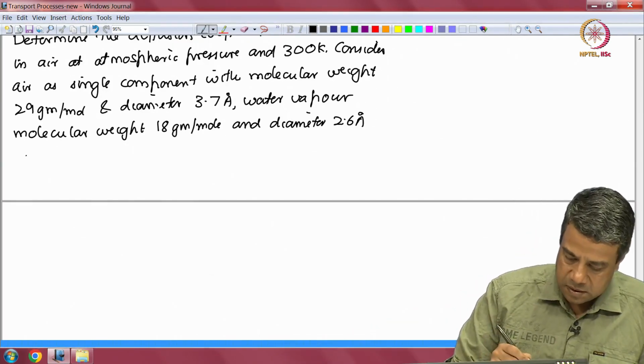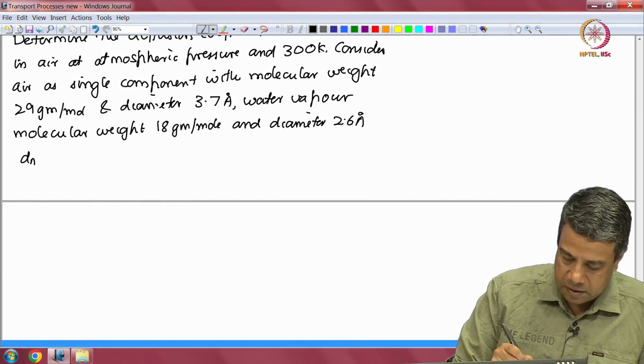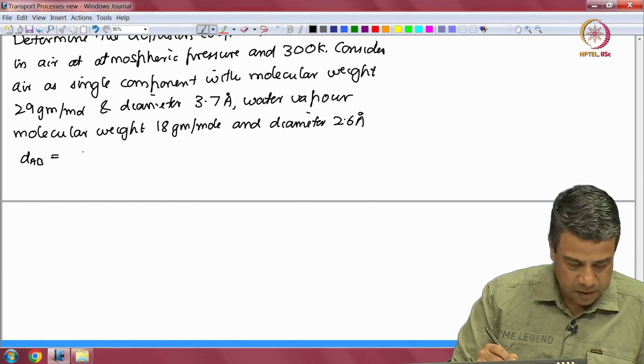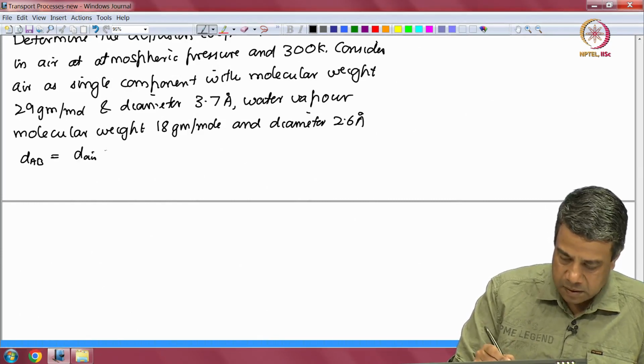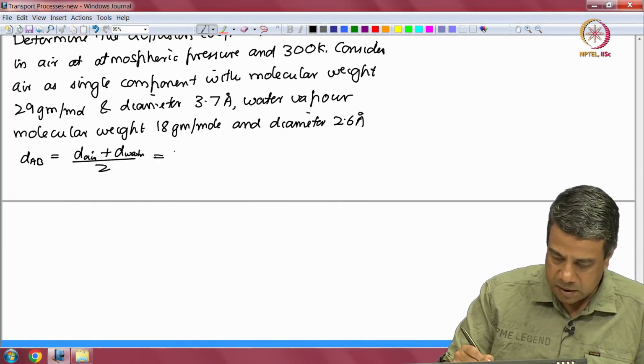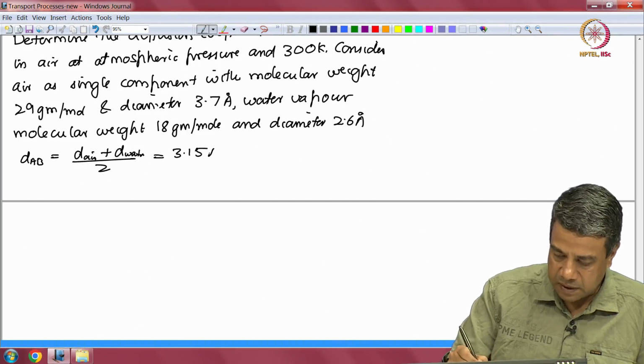So, the average diameter is equal to (d air plus d water) by 2, which is 3.15 angstroms.